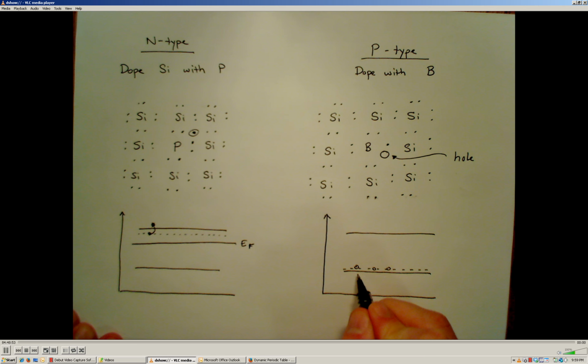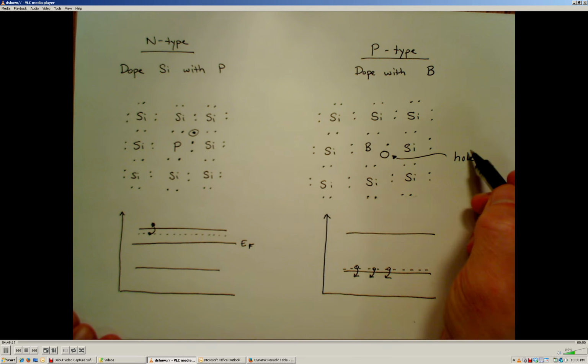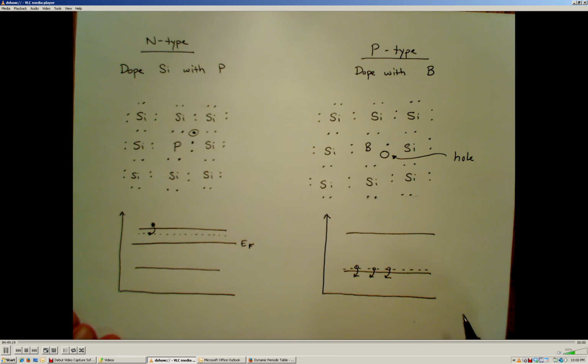So adding this boron adds the possibility that these holes are going to decrease their energy, or we're going to promote an electron into these boron states right here. And when that happens, these holes can move throughout the material. So we have a positive charge carrier, which acts like a hole, and these holes can drift throughout the material and cause a current flow as well.